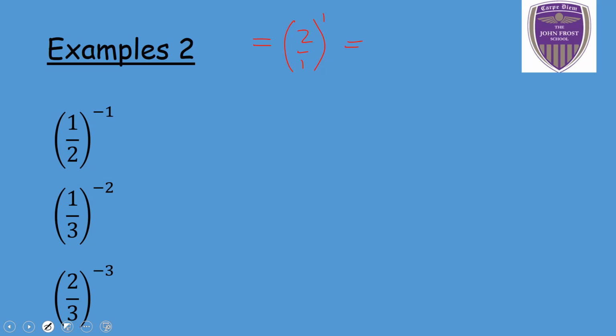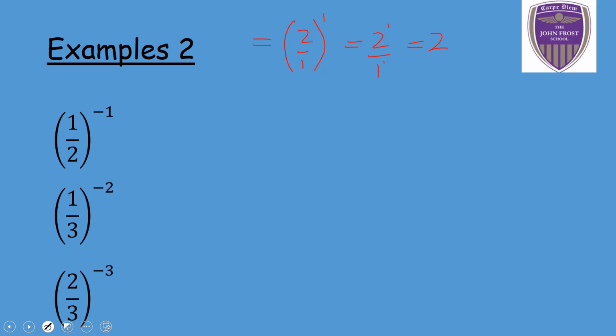So all that means is we're going to say 2 to the power 1 over 1 to the power 1. So anything to the power 1 is just itself. So we've got 2 divided by 1, which is obviously simply 2.